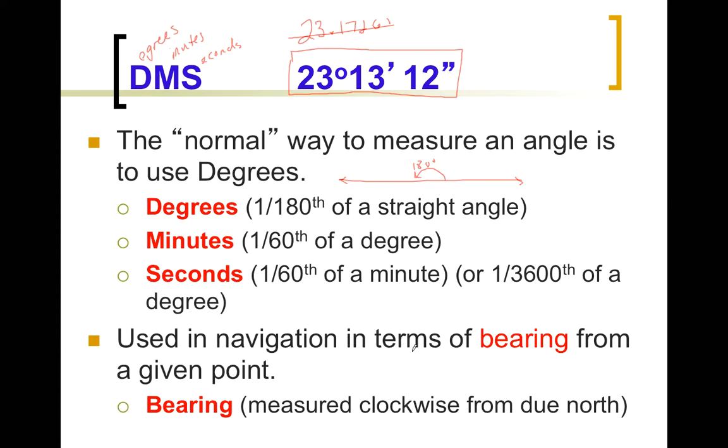So if you were to think about this, 23, 13, 12 as a bearing measure, remember north is here, east is here, south, west. 23 degrees, 13 minutes, 12 seconds. We understand that going from north to east is a 90-degree turn, which means 23 degrees is going to be approximately here. So we could say this is approximately 23, 13, and 12.